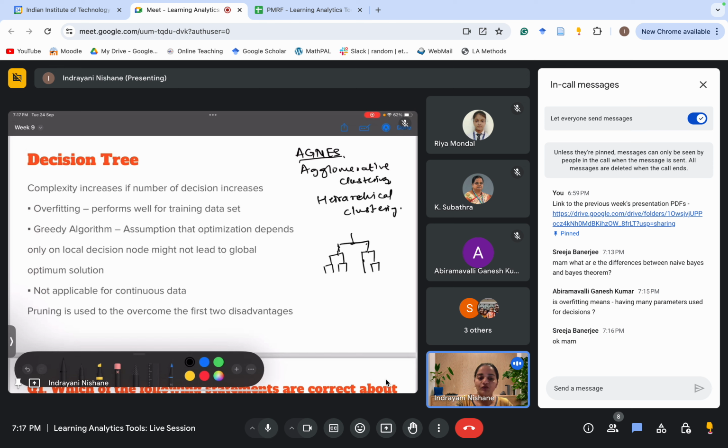The concept of overfitting is when we give the training data set to a particular machine learning algorithm, it comes up with a model which is perfectly suitable for that training data set. It will consider all the conditions existing in that training data set while coming up with this classifier model, the decision tree model.